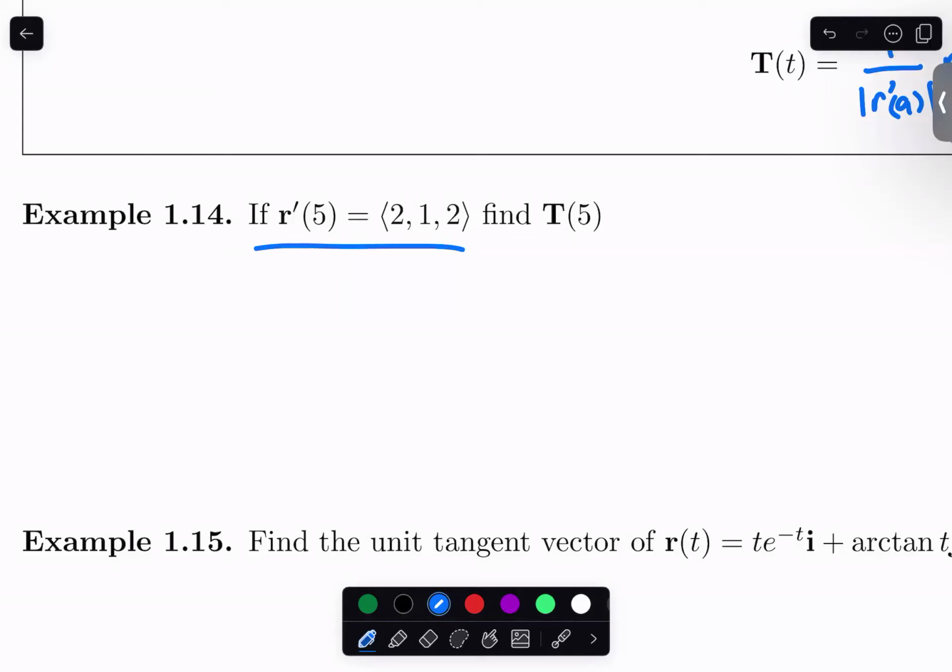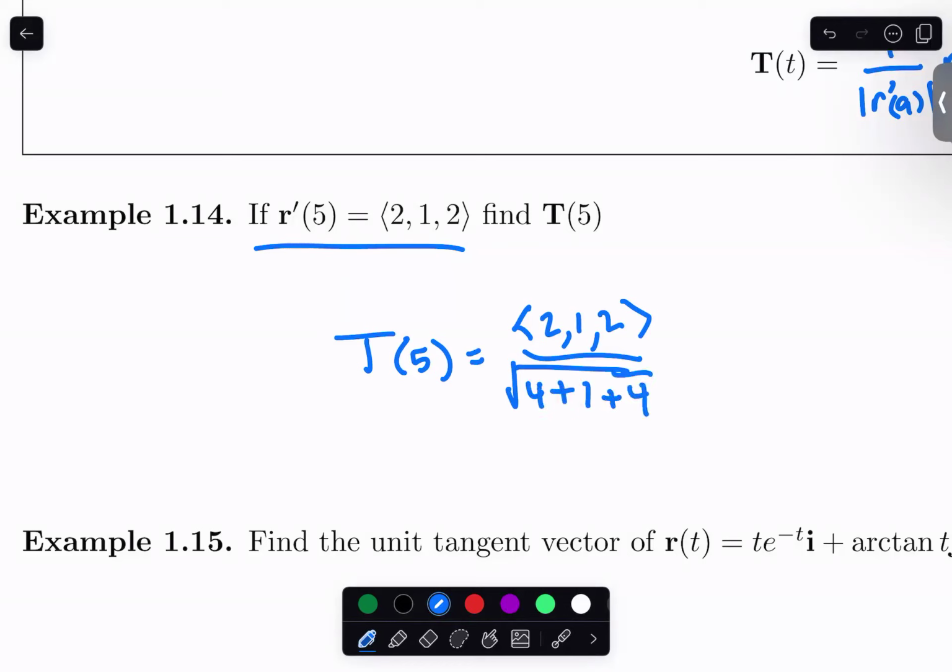In order to calculate the unit tangent vector at 5, we need to take our vector, r prime of 5, <2, 1, 2>, and divide it by its magnitude. So 2 squared is 4, 1 squared is 1, 2 squared is 4, all added together and thrown inside a square root.